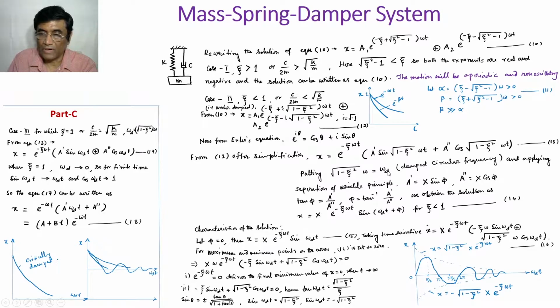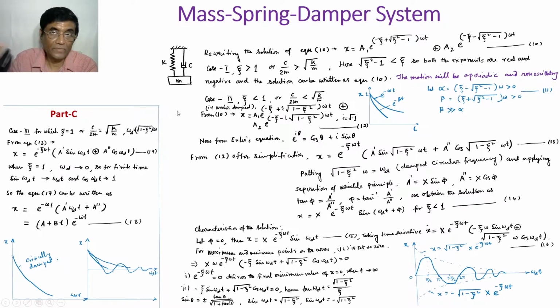This is called the damped circular frequency, root over of 1 minus zeta square times omega, because omega is the natural frequency of the system when there is no damper. Okay, so root over of k by m, but when there is a damper, the natural frequency will be damped.